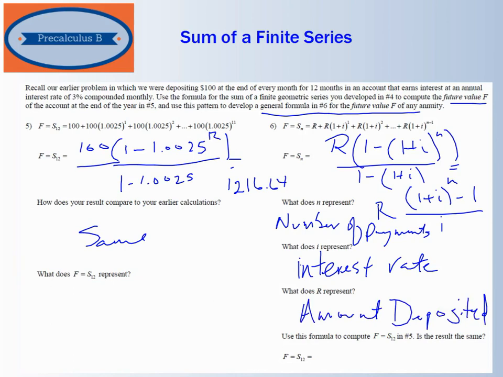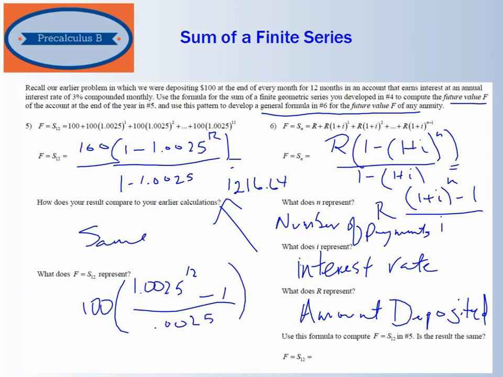If we use this formula to check this situation when we know those numbers, it would be 100 times 1.0025 to the 12th minus 1, all over 0.0025. So notice this is not the same as the one that we used earlier. But guess what?